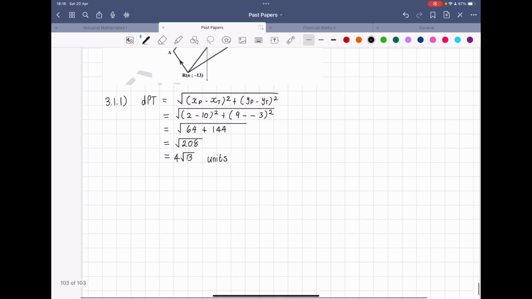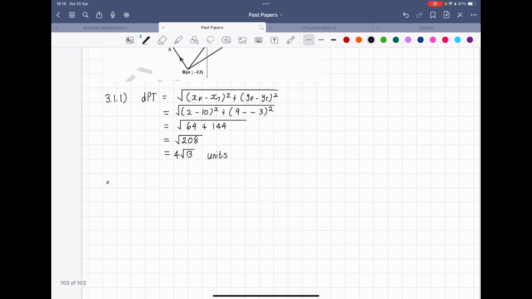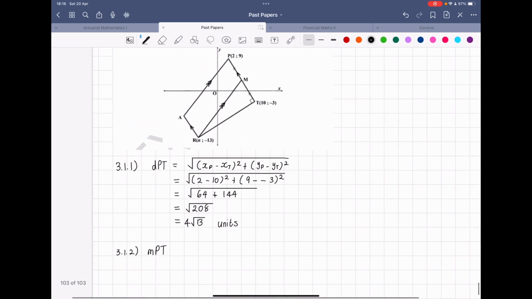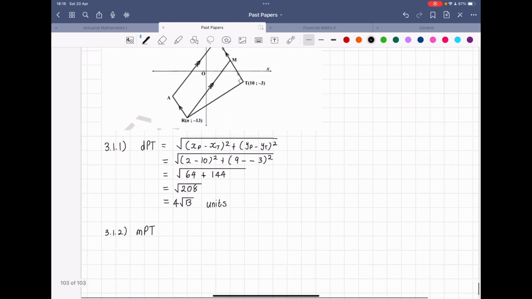Okay, then 3.1.2, I'm asked to find the gradient of PT, so that's m_PT. And again, I have both of the coordinates, so I can just use the gradient formula, which is the rise over run, so the change in y over the change in x.